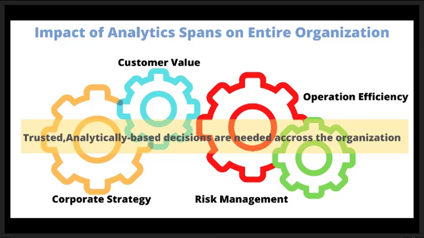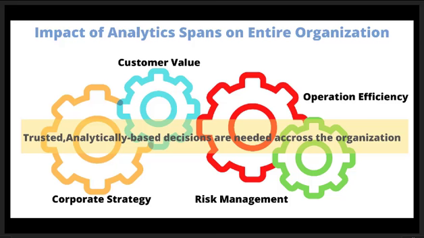And finally, operational efficiency. As I said, an example is a call center. How do we staff the call center? Secondly, analyzing whether there are any bottlenecks in the process, and streamlining the process.